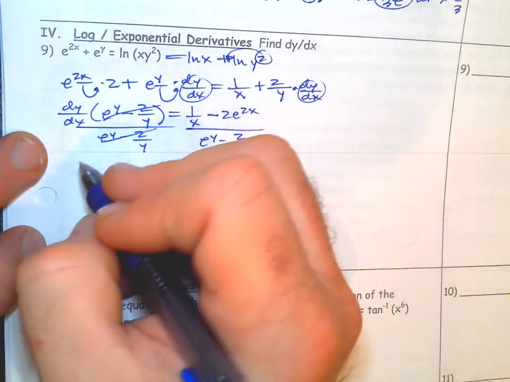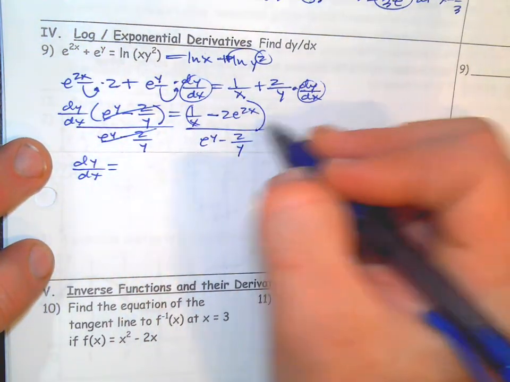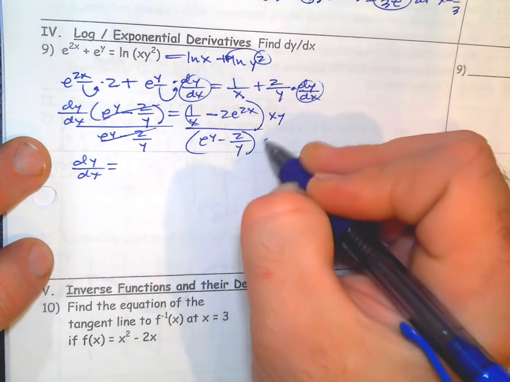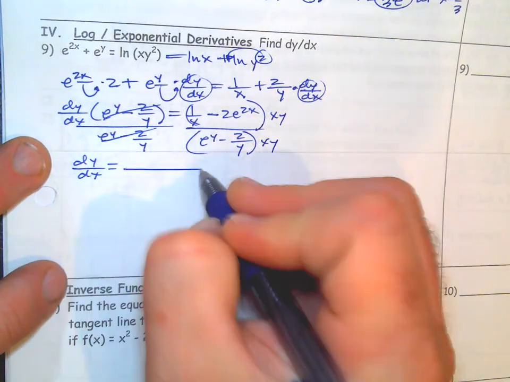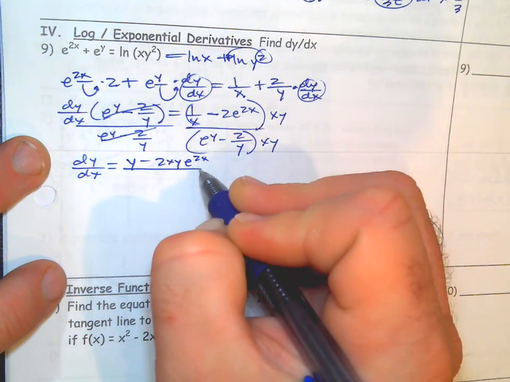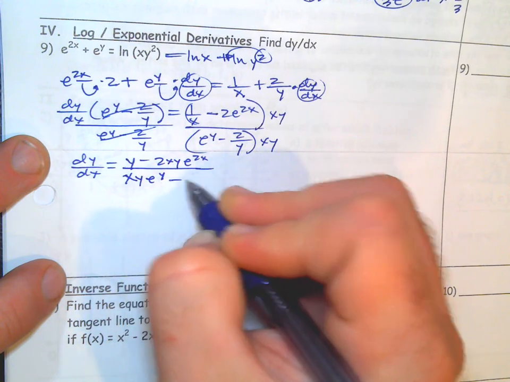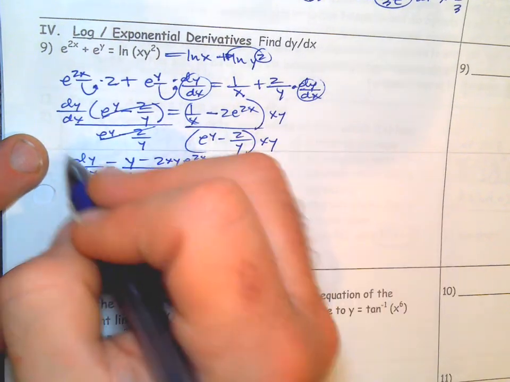I don't want fractions in fractions with negative exponents. We need to multiply top and bottom by xy. So this is going to be y minus 2xy e to the 2x over xy e to the y minus 2x.